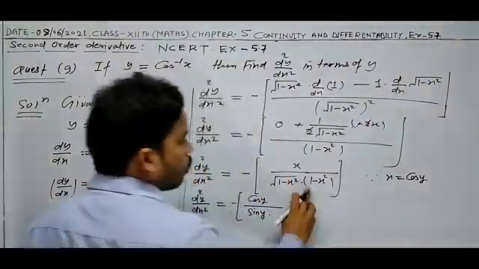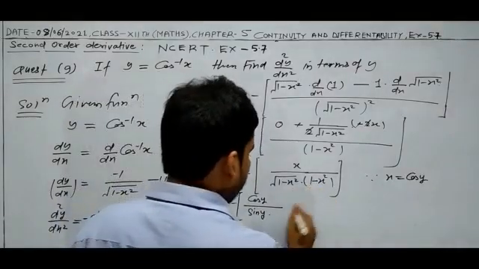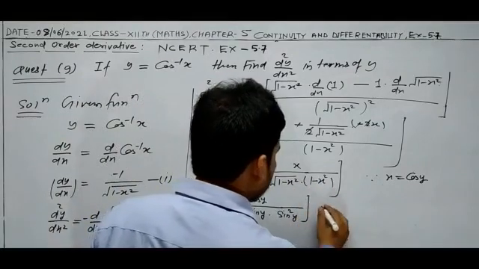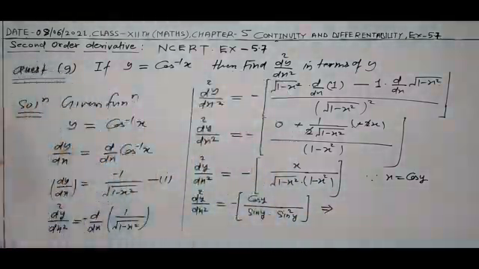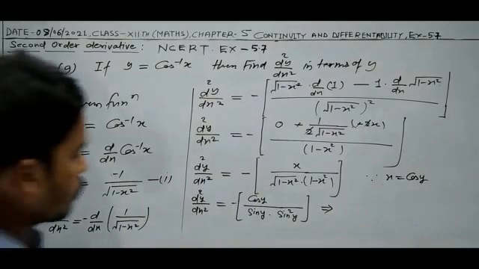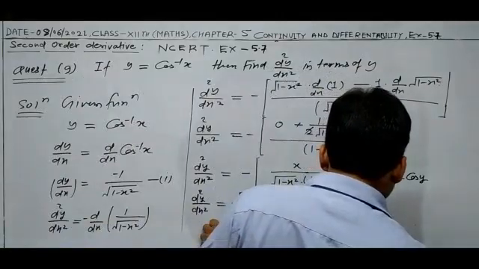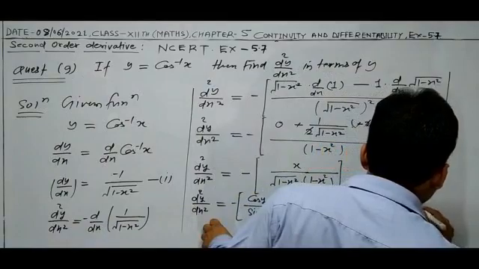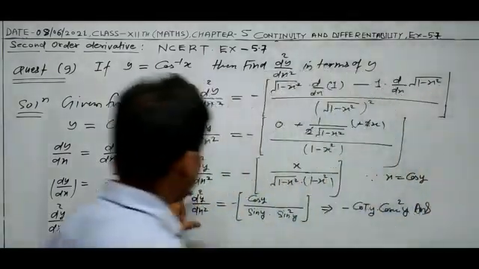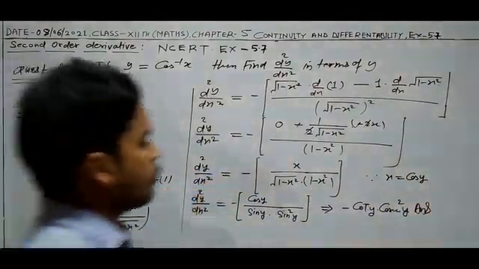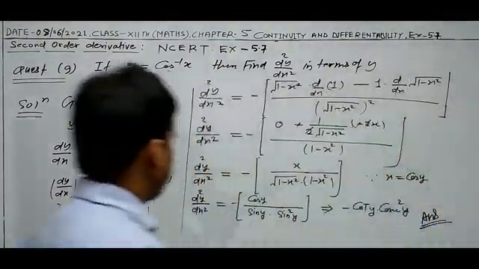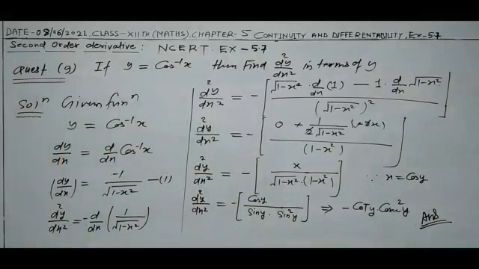Similarly, 1 minus cos square y means sin square y, and its result will be minus cot y into cosec square y. This is the value of d2y by dx2 in terms of y.